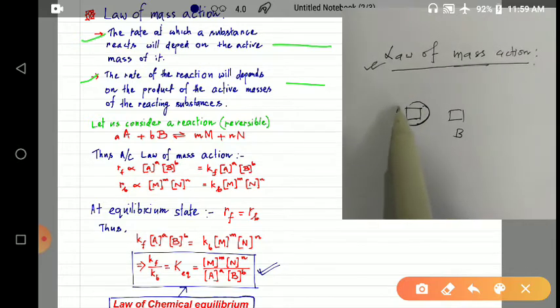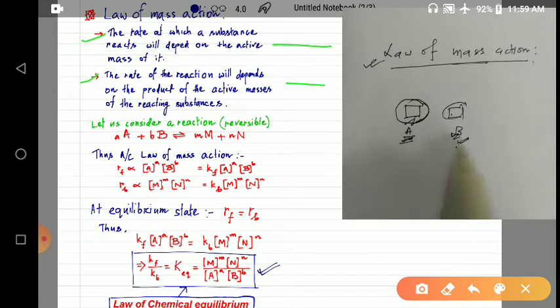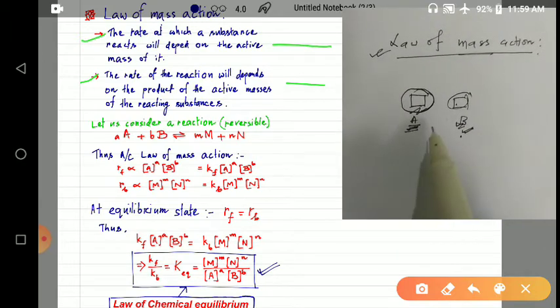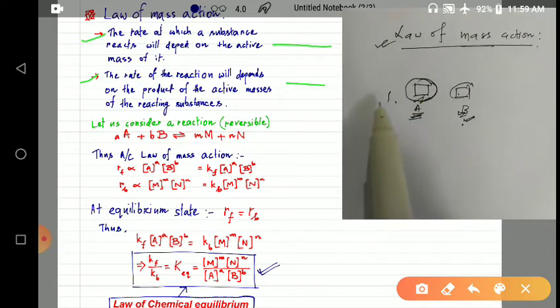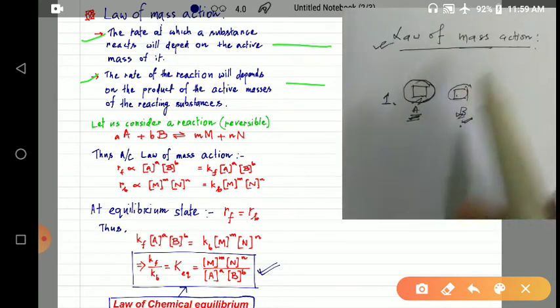The rate at which A reacts with B depends upon the active mass of A, and the rate at which B reacts with A depends upon the active mass of B. So the rate at which a substance reacts depends upon its active mass. This is the first point of the law of mass action.